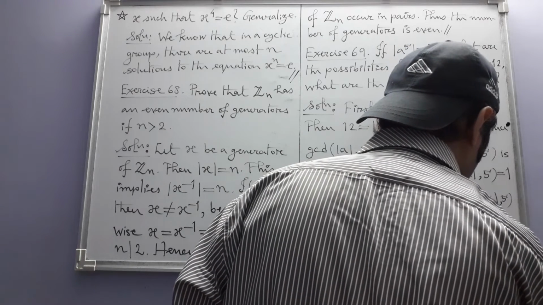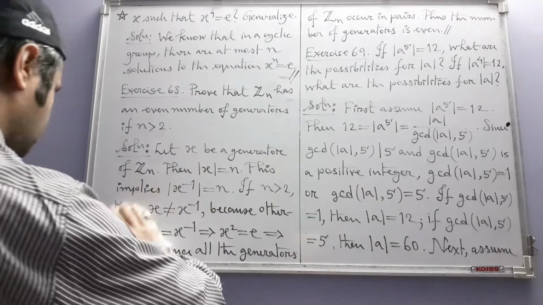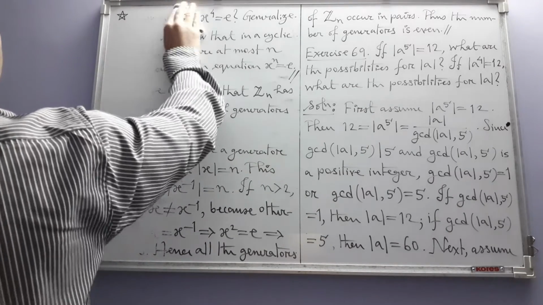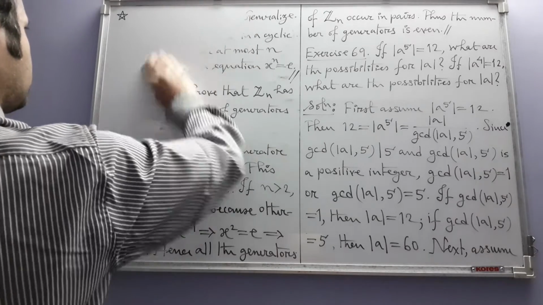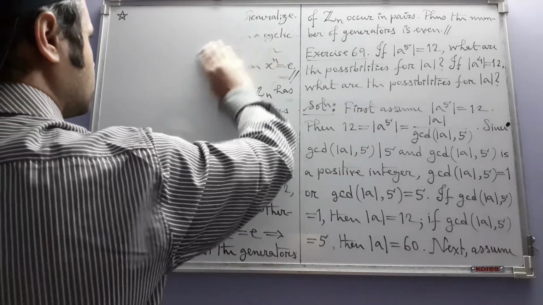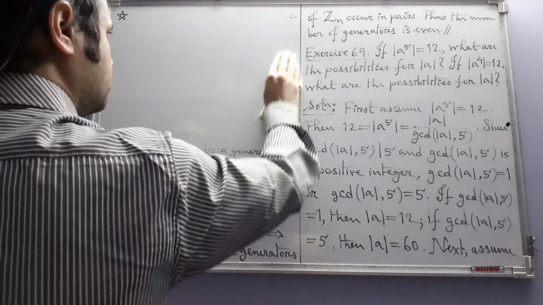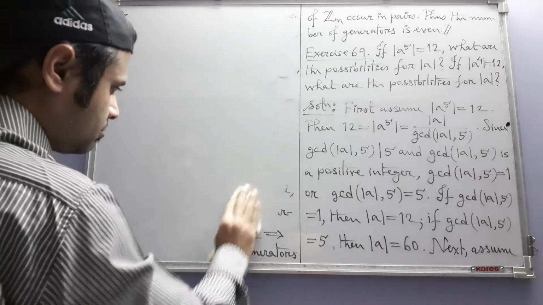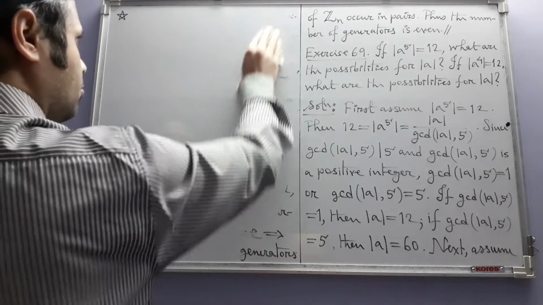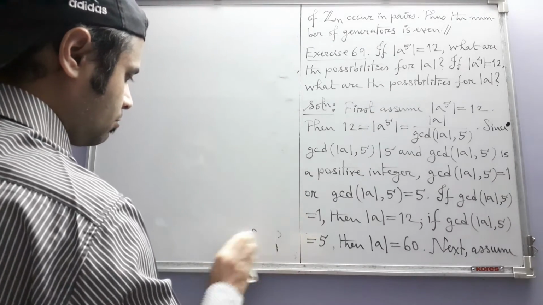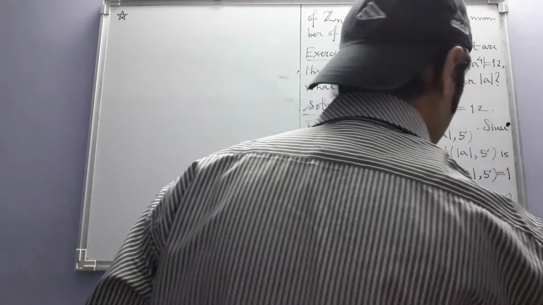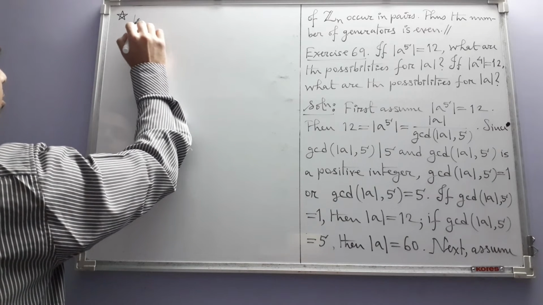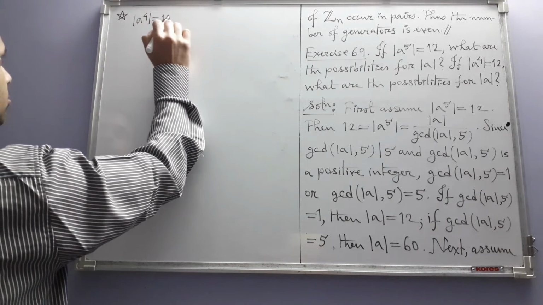Next, assume that the order of a to the power 4 is 12.